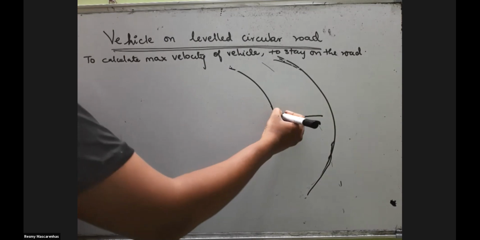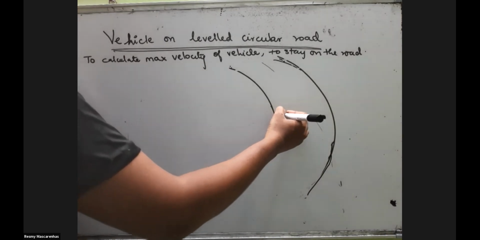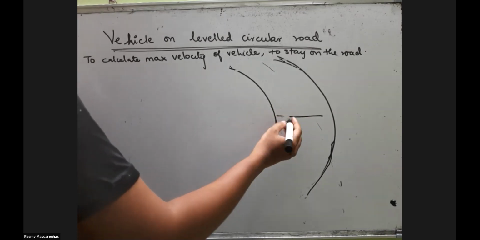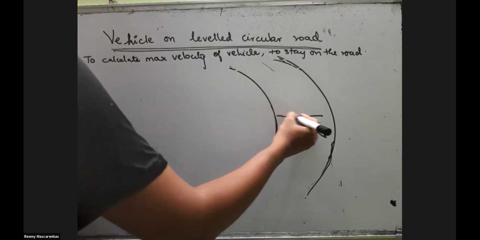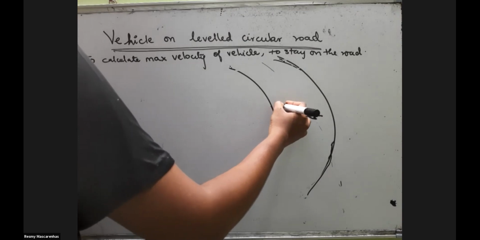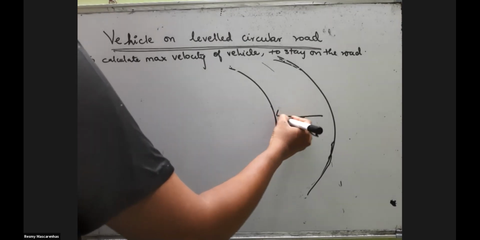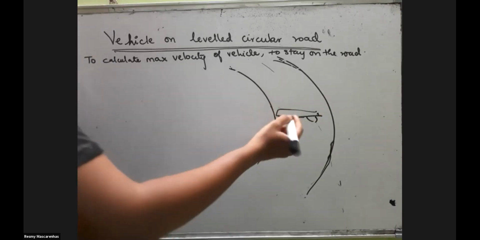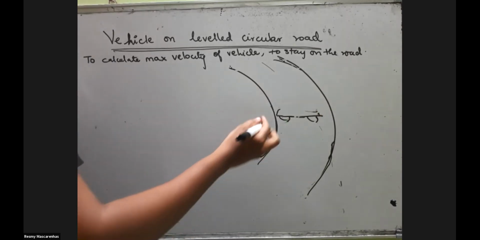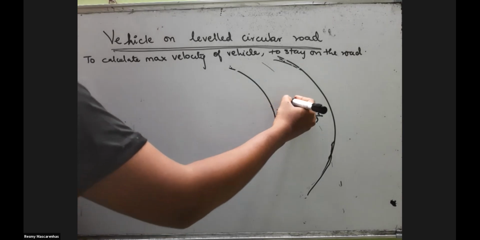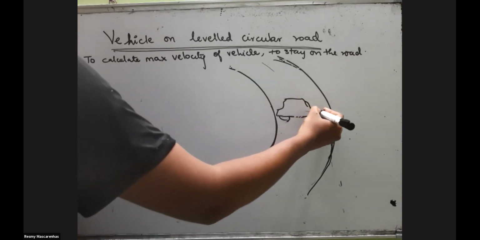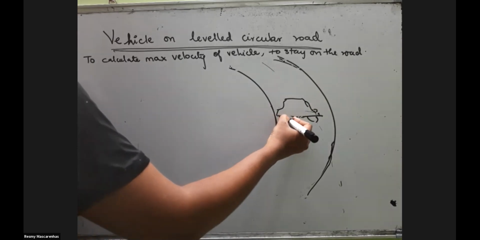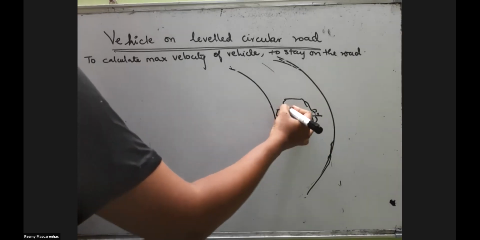So consider this is the car, wheels will be there, no? So you can just randomly draw. There will be two wheels. The car is in the front part, so actually it would look like this. Not the tire like this, it would be vertical, like the car is coming in front.